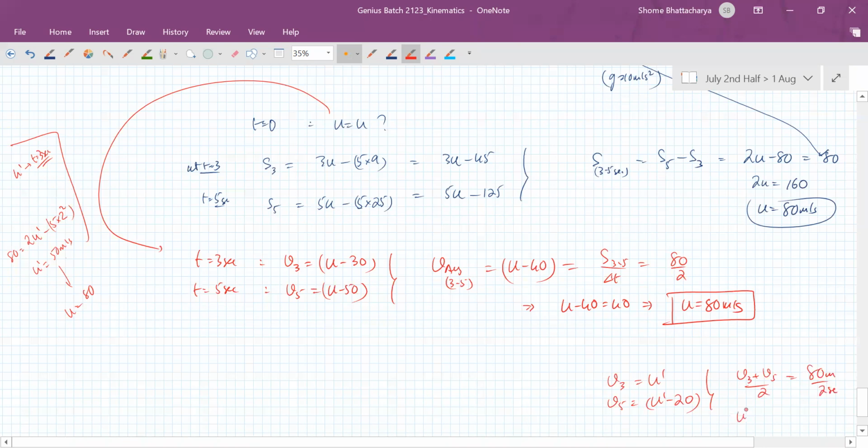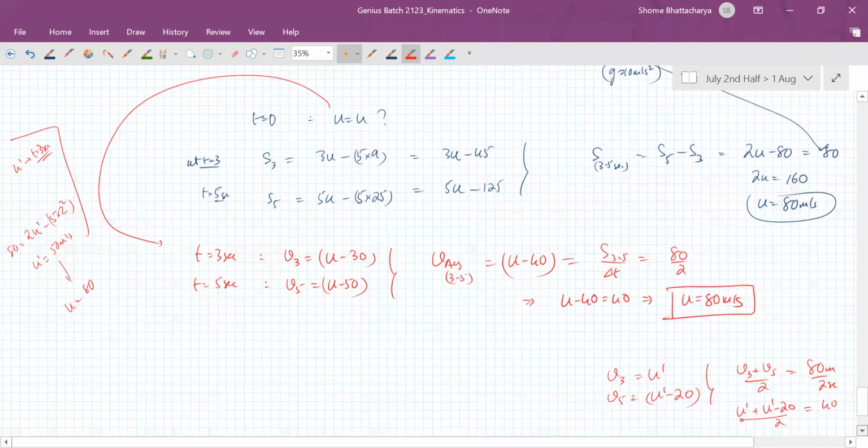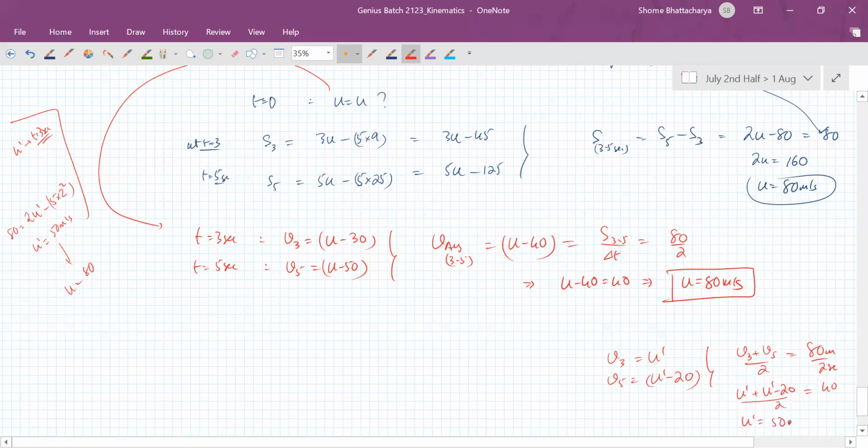So u dash plus u dash minus 20, by 2, should be equal to 40. From this you get u dash as 50 meters per second. And once you know u dash is 50 meters per second, you can back calculate and see that u will be equal to 80 meters per second, because at 3 seconds the velocity is u minus 30. So that's another way of doing it.